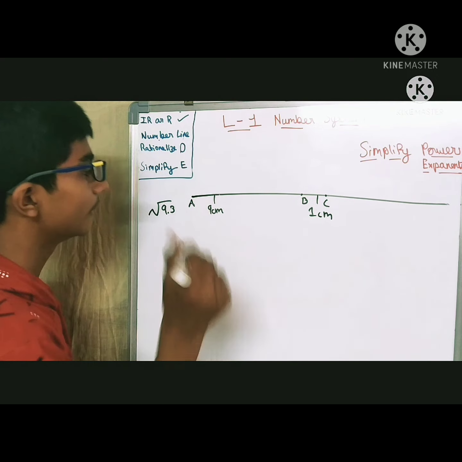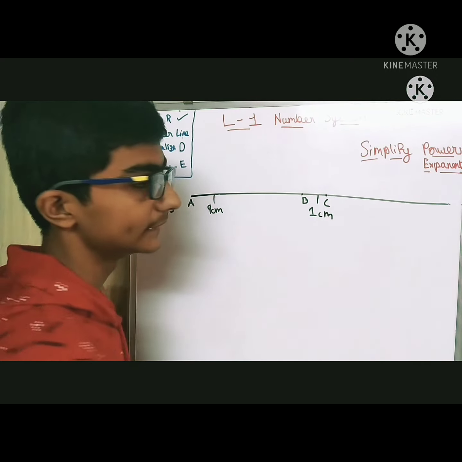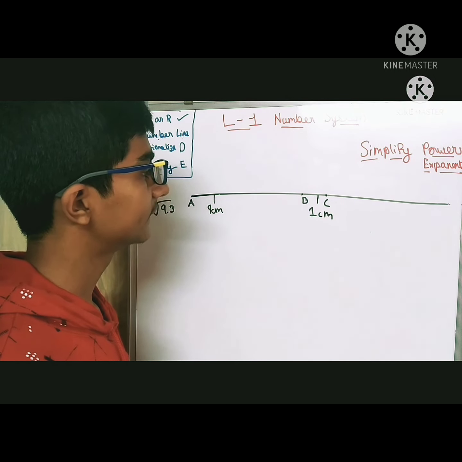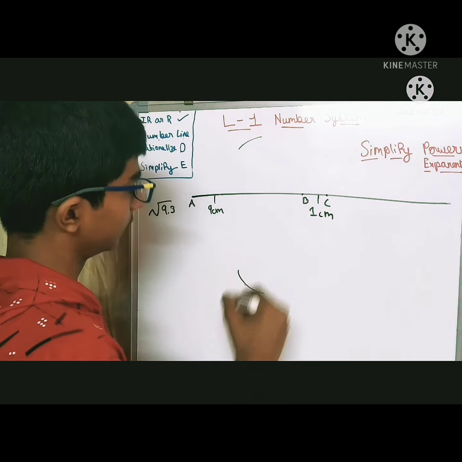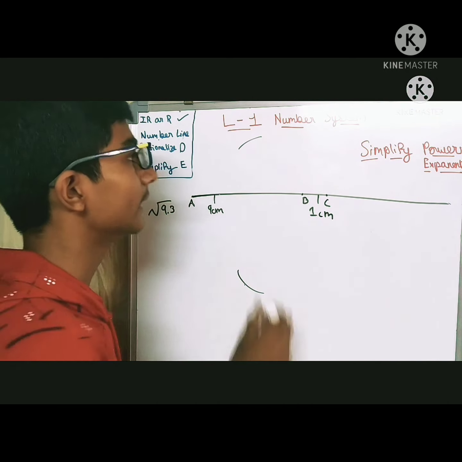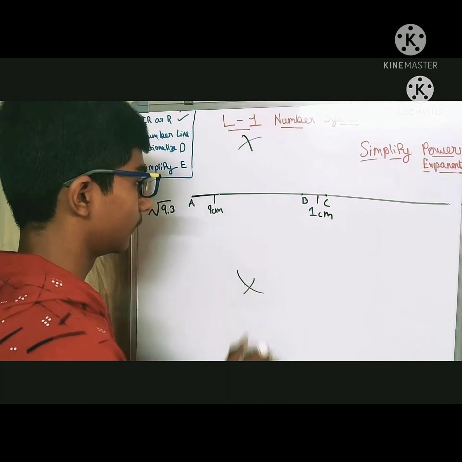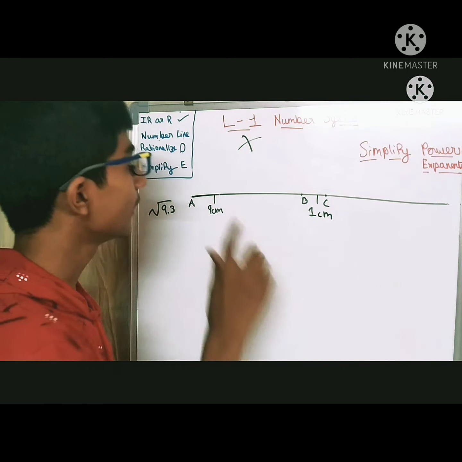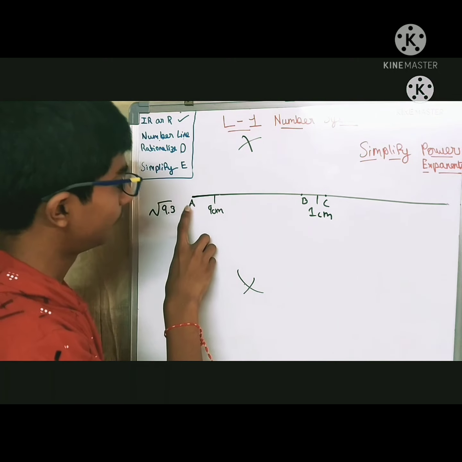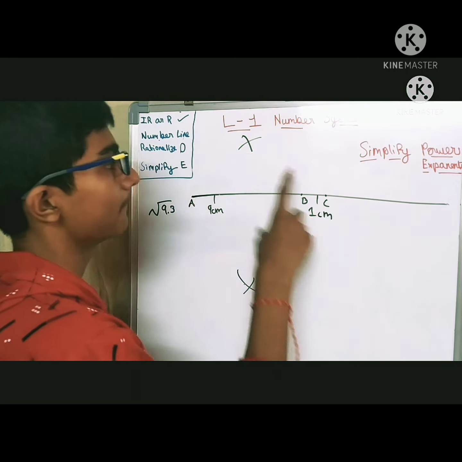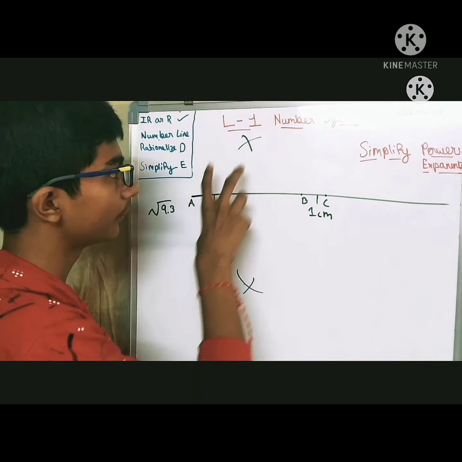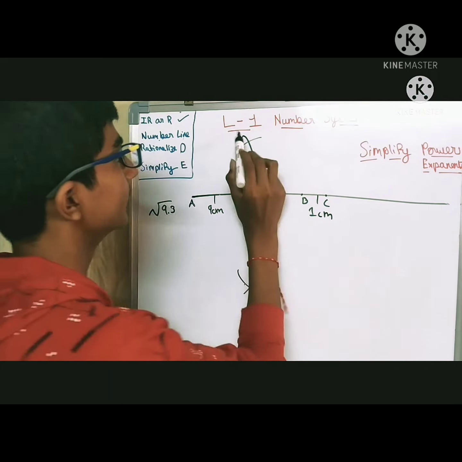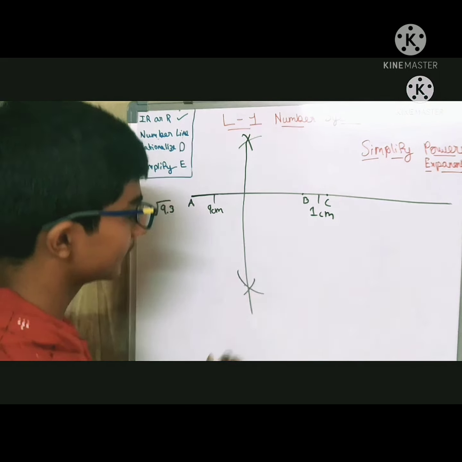Then we have to take the length AC. After taking length AC, we have to make 2 arcs from C and another 2 arcs from A. Let me repeat, we take the length AC, and from both points C and A we make 2 arcs, and then make a straight 90-degree line.